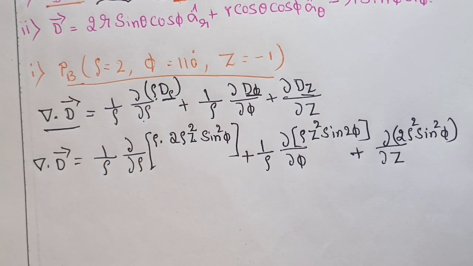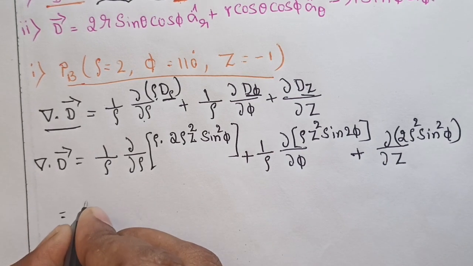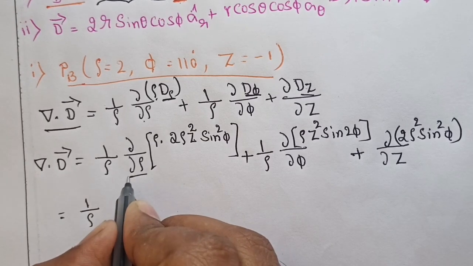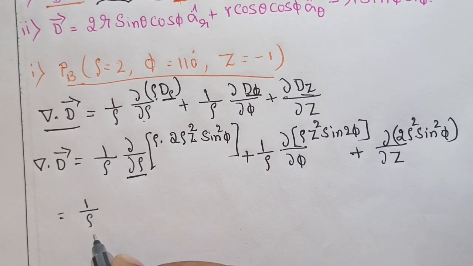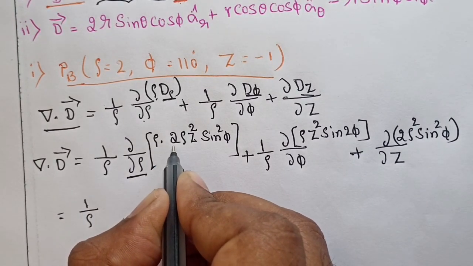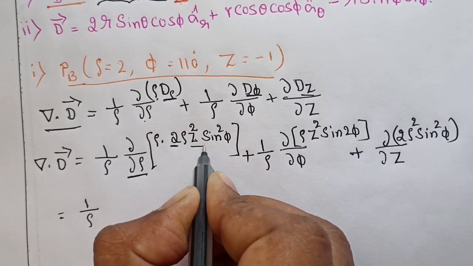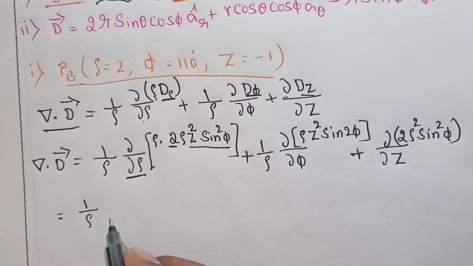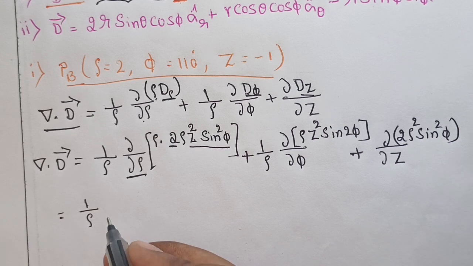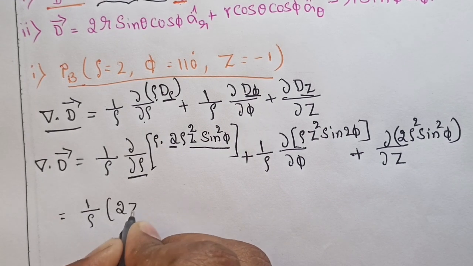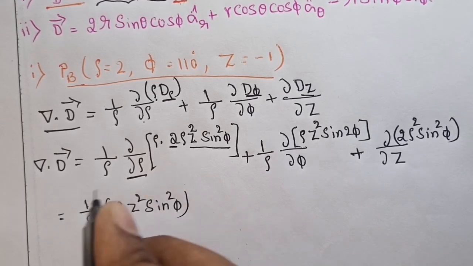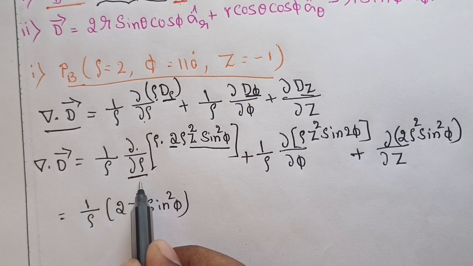Now let us differentiate and simplify. For 1 by rho into, I am partially differentiating with respect to rho, therefore the other parameters like 2 z square sine square phi are constant, so I can bring them outside.